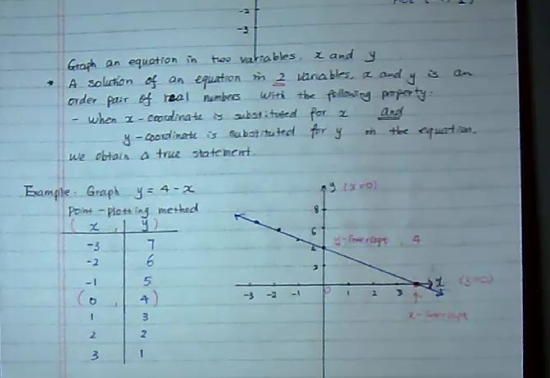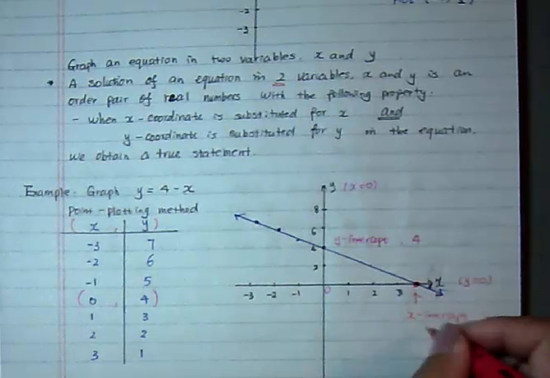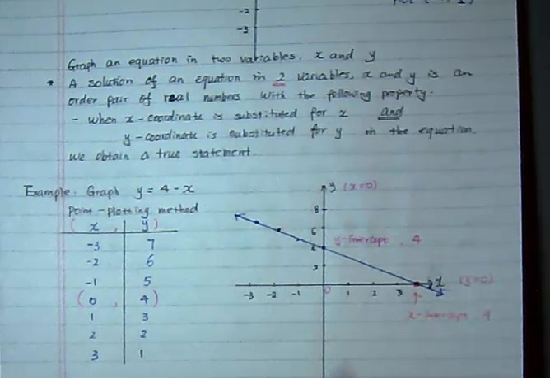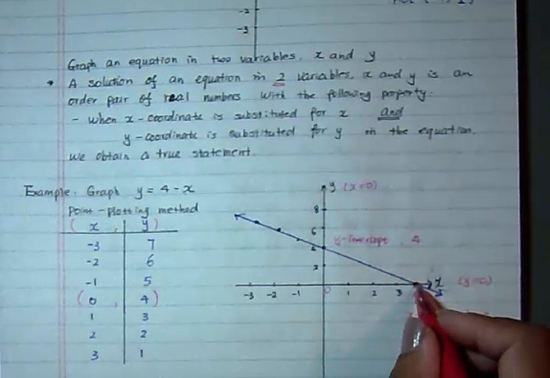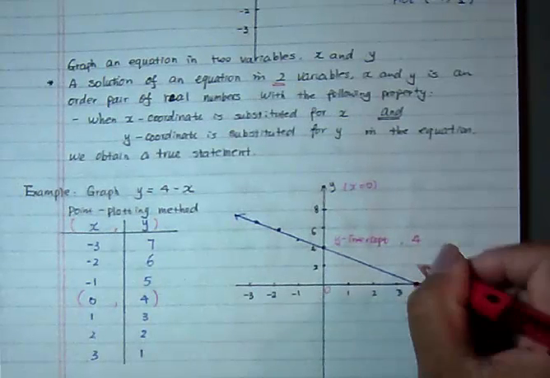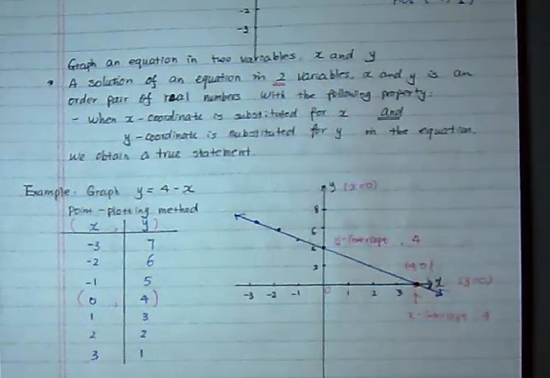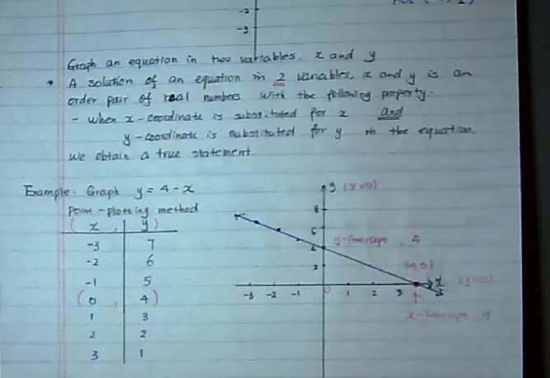If I graph that correctly, the x-intercept should be 4 as well. If we want to represent the point here, it is 4, 0. Those are some of the special points on the graph, and in the future we are going to learn how to find the x and y intercepts.